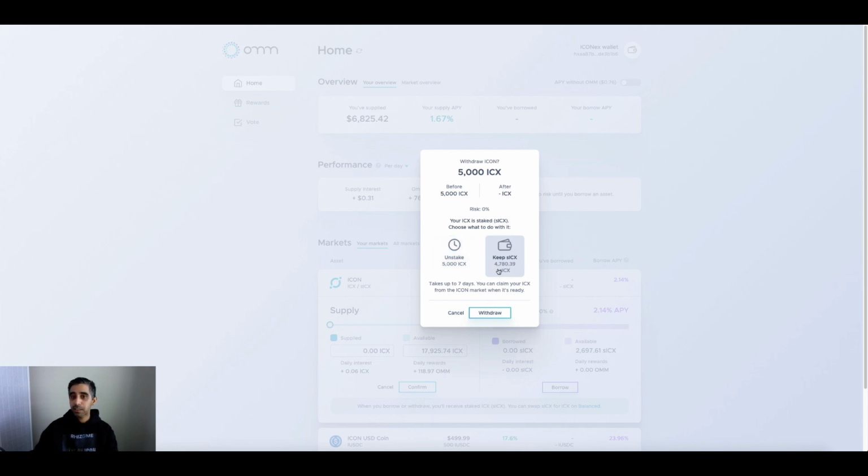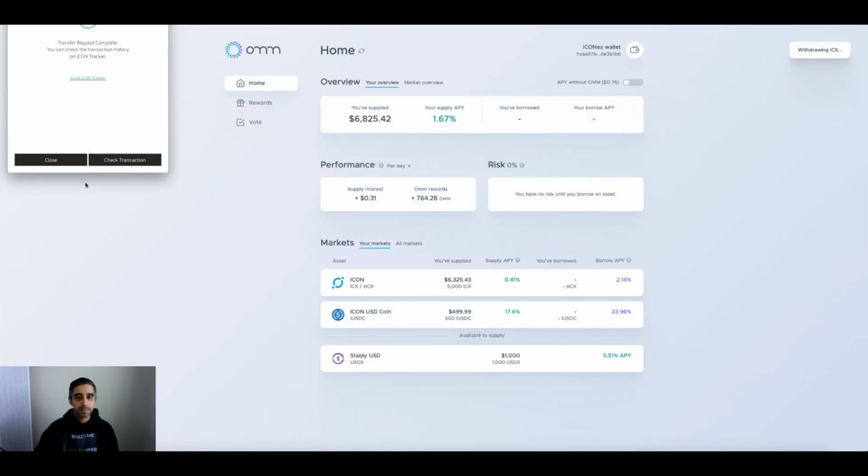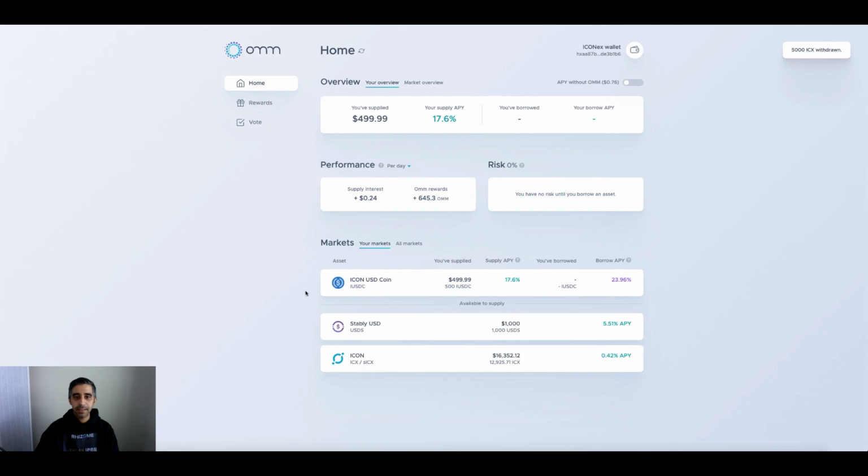However, if I hold this 4,790 SICX in my wallet for, say, a year, and it's at 10% interest, when I go to unstake it, I'll get far more than the 5,000 ICX because it's gone up in value every day. The staking rewards are built into that SICX, and that's why it grows in value every day. So in this case, I can withdraw it as SICX. That's it, done.